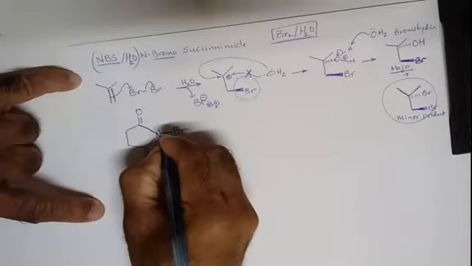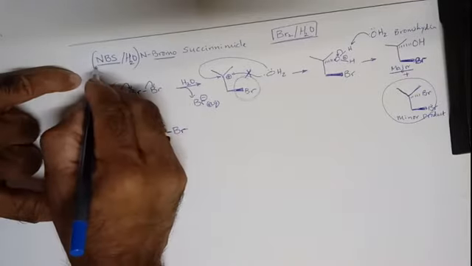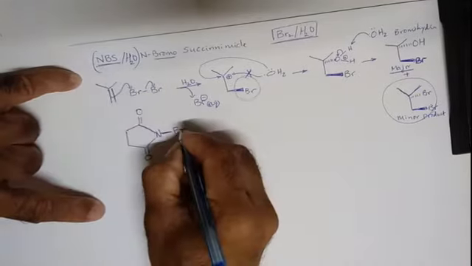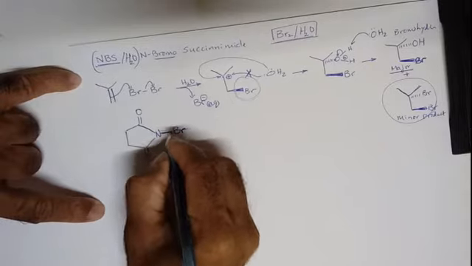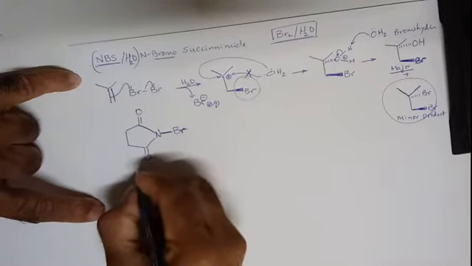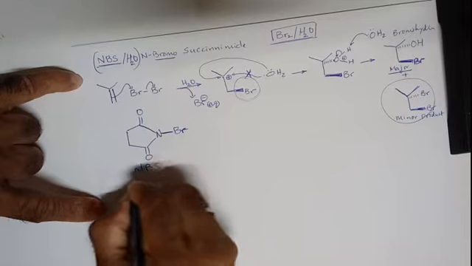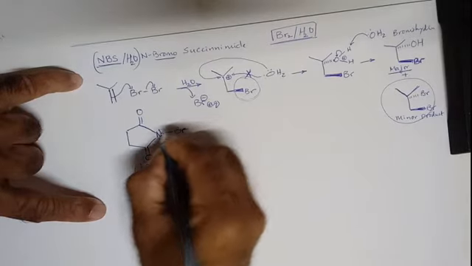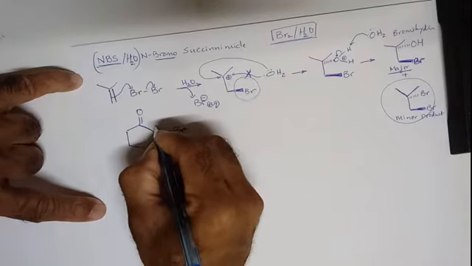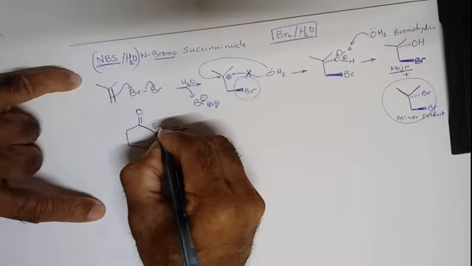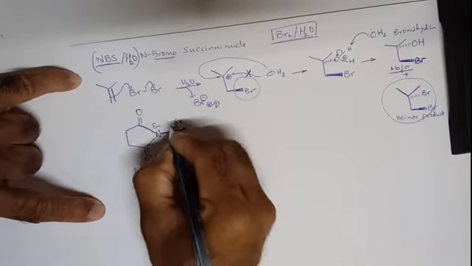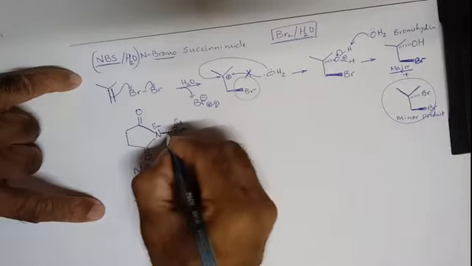If there is a test coming up, and if somebody writes NBS, you should know it's just an N and a bromo, this is N-bromosuccinimide. Okay, this is NBS. The nitrogen-bromine bond is polarized this way, delta minus, delta plus. It's polarized that way, right?